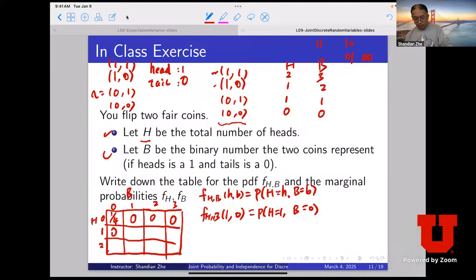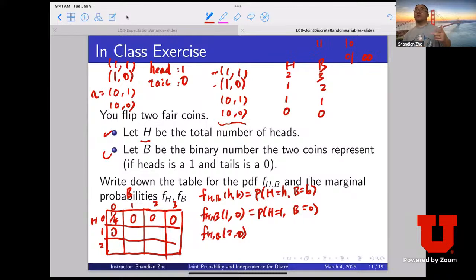Okay. So similarly, if you look at PDF at H is 2 and B is 0. What's the value? 0 as well, because H is 2 means that you got two heads.